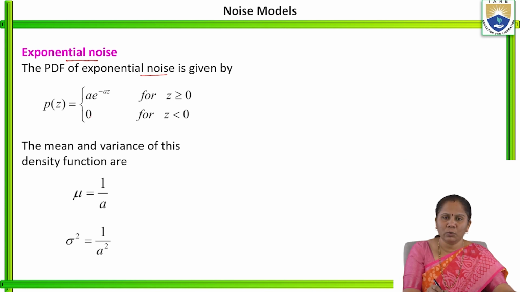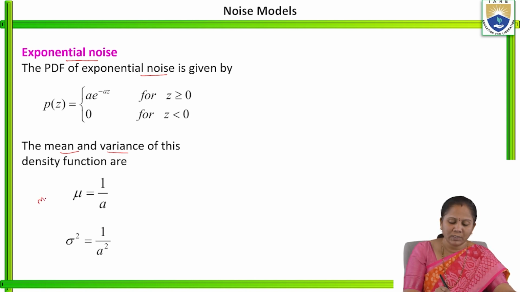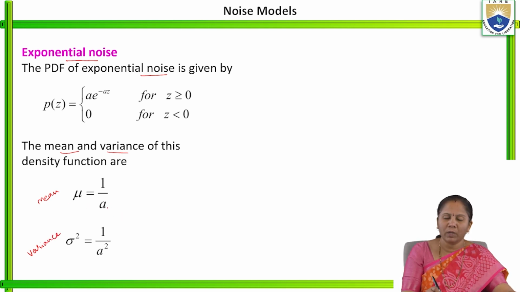Otherwise, it will be 0 for z less than 0. And here mean and variance for the probability density function are given. Mean is represented with mu and variance is represented with sigma square. So mean mu is equal to 1 by a and variance sigma square is equal to 1 by a square.